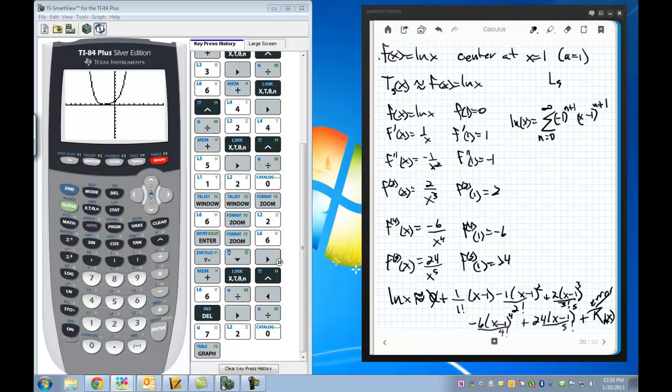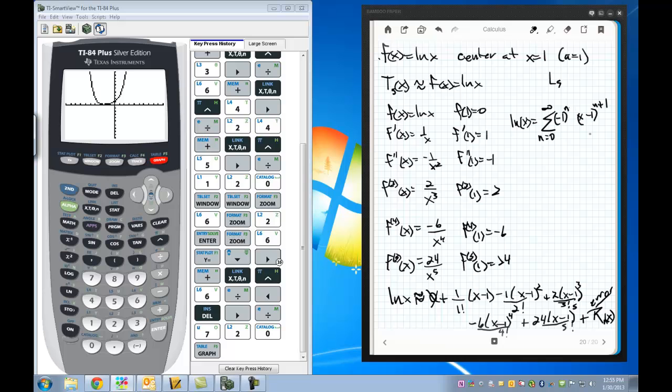Oh, wait, if I started at 0, I've got to catch myself. Then this has got to be just n, right? Because I started it at 0. Nice catch. If I start at 0, I get x minus 1 to the first. Cool. When n is 1, I get x minus 1 squared. When n is 2, I get x minus 1 cubed, et cetera.